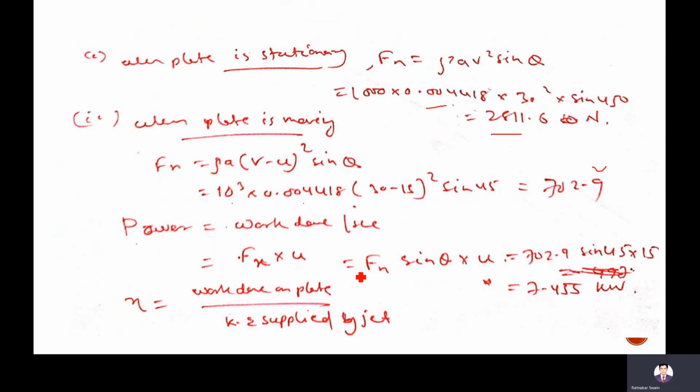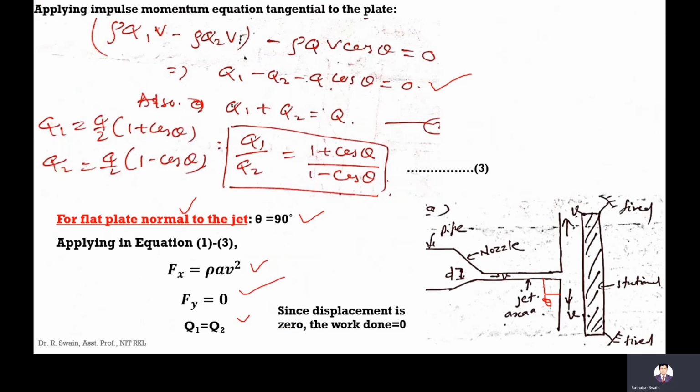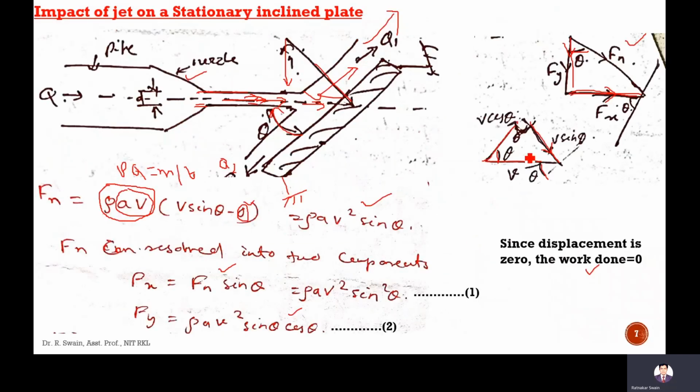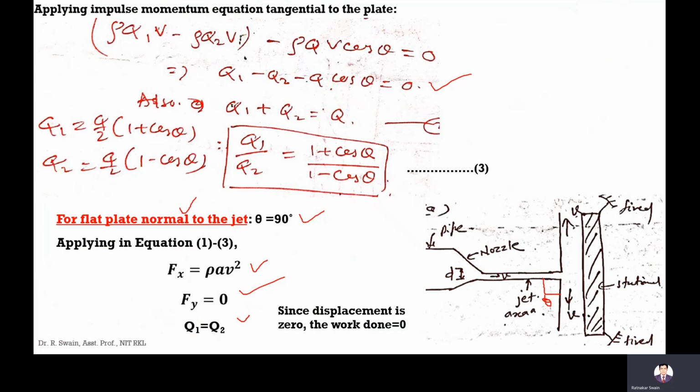Fx is Fn sin theta, as we discussed here. Once Fn is calculated, we can write Fn sin theta, or rho a b square sin square theta.